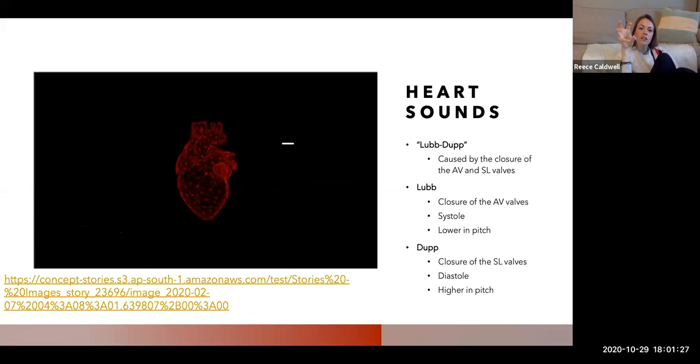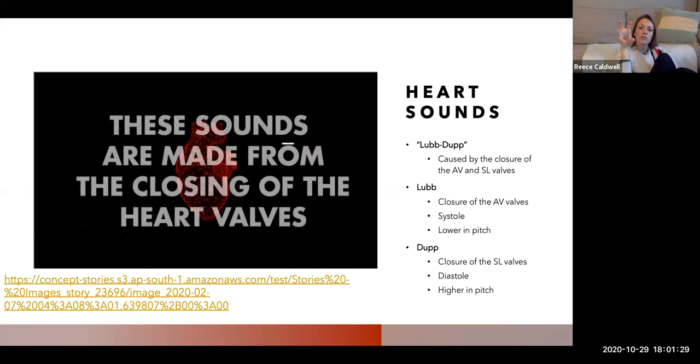So if you were using the stethoscope thing, that's where you would put it.